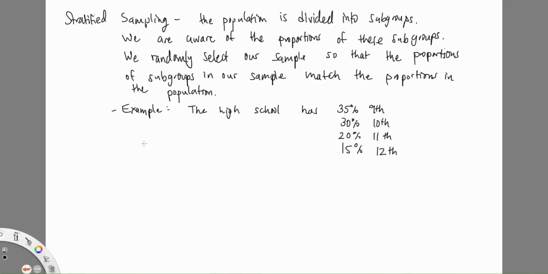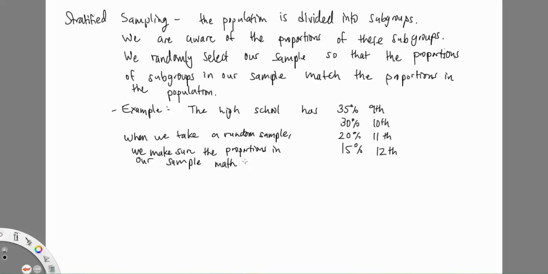When we take a random sample, we make sure the proportions of our sample match the population.